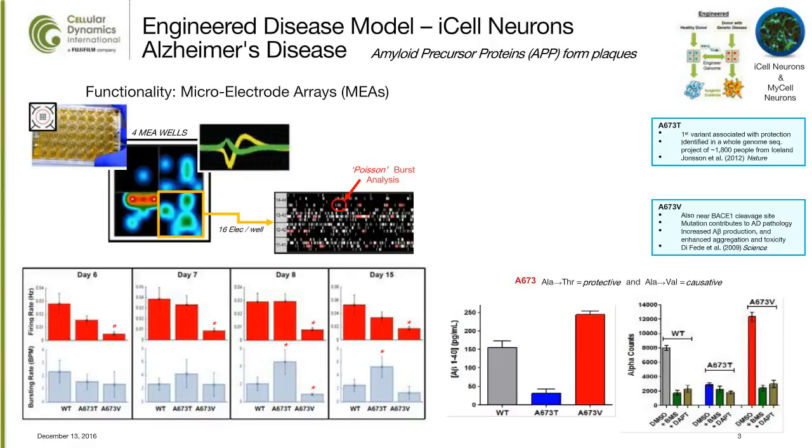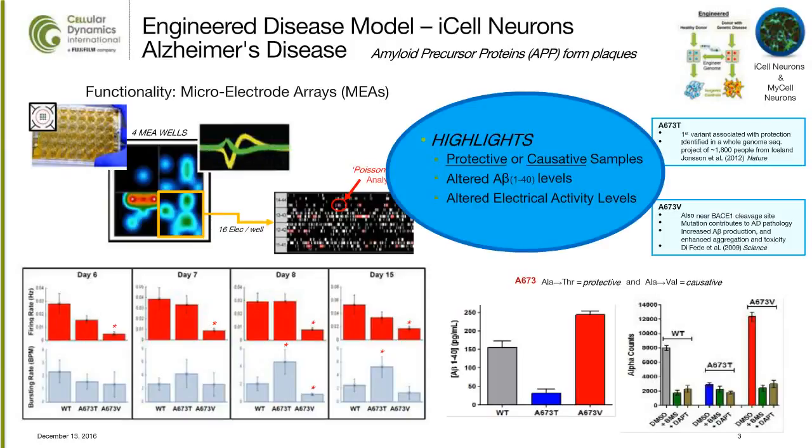With that said, the causative condition is considerably lower in mean firing rate across all days in culture. The bursting rate on the bottom, we see at day 8 and day 15 that the protective condition actually causes an increase in the Poisson bursting parameters, whereas the causative is decreased compared to control.